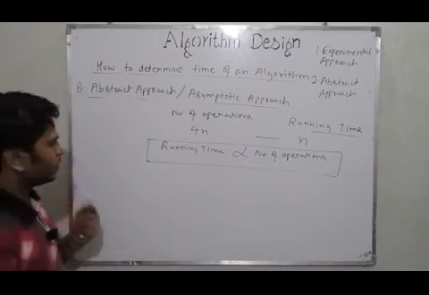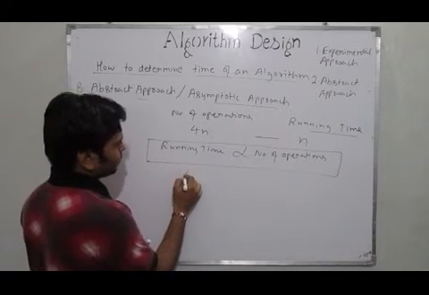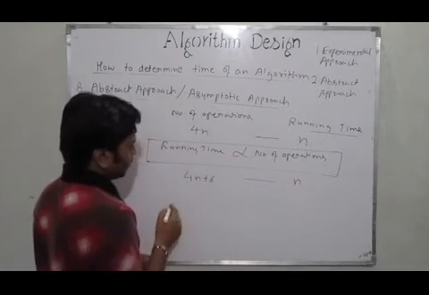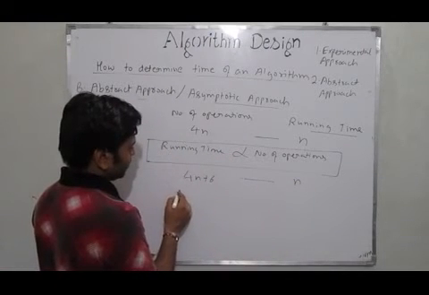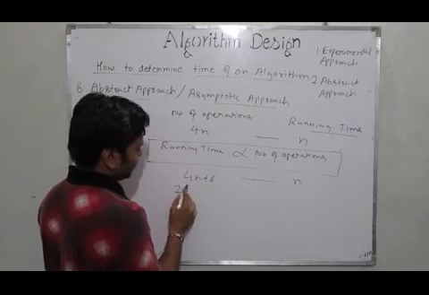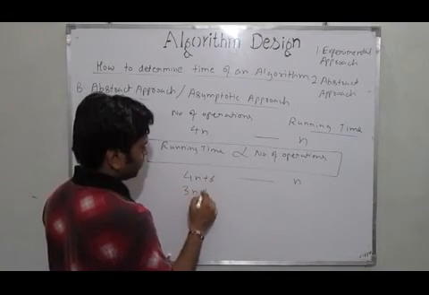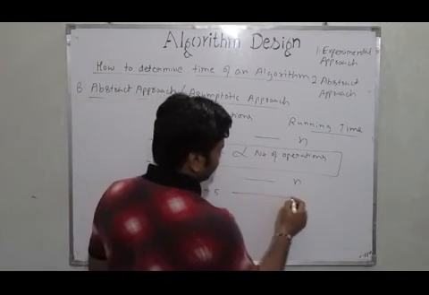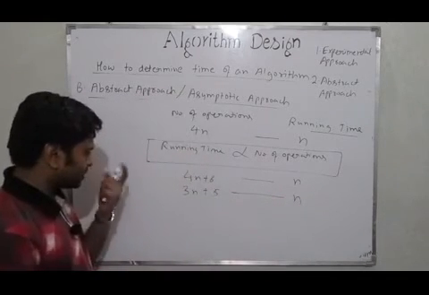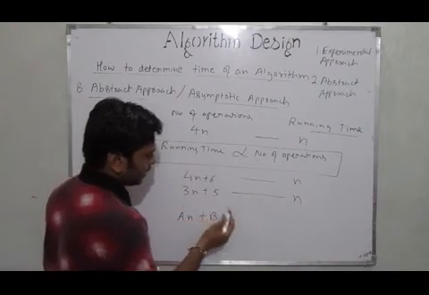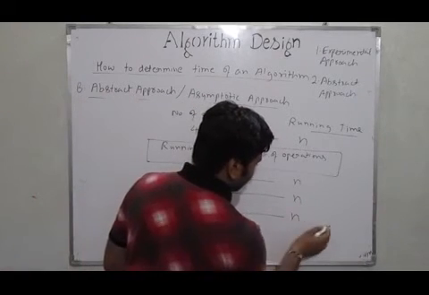Fine. So if we have 4n plus 6, it will also give us n. If we have 3n plus 5, still we have running time as n. In generalization, we have an plus b and still we obtain the running time as n.